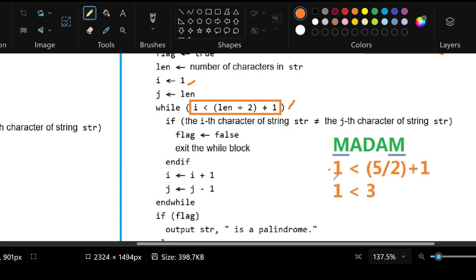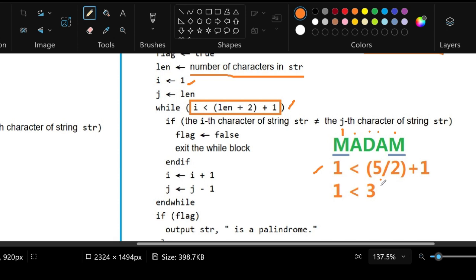If we look at the equation that I got here, we can see that we're starting with 1 and length, which stands for the number of characters in the string, is 5, because 1, 2, 3, 4, 5, and we divide by 2. 5 divided by 2 gives us 2 because we are dealing with integers, whole numbers.